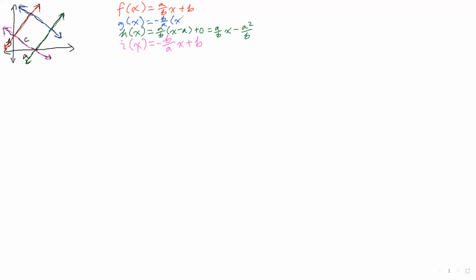But remember earlier I said because the triangles are congruent, this distance would be a plus b, and that would just be a. So this point right here, the coordinates are a plus b comma a.